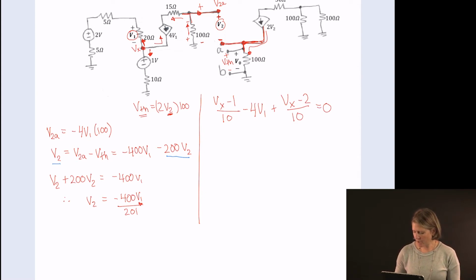Now I can combine my Vx's, and I want to also see if I can substitute in V1 in terms of Vx, so that I have one equation with one unknown.